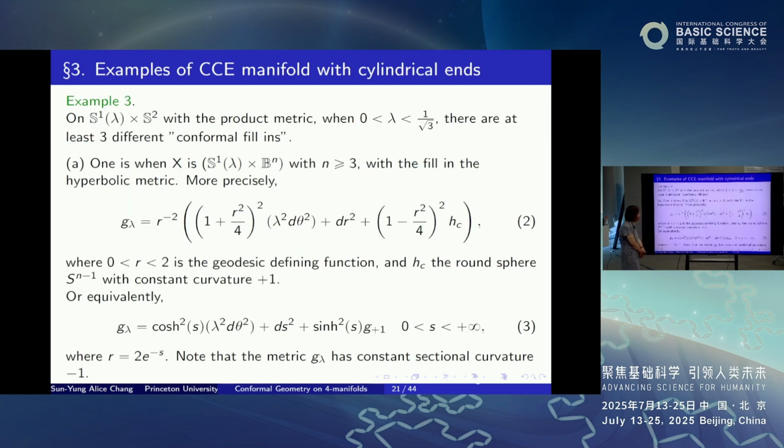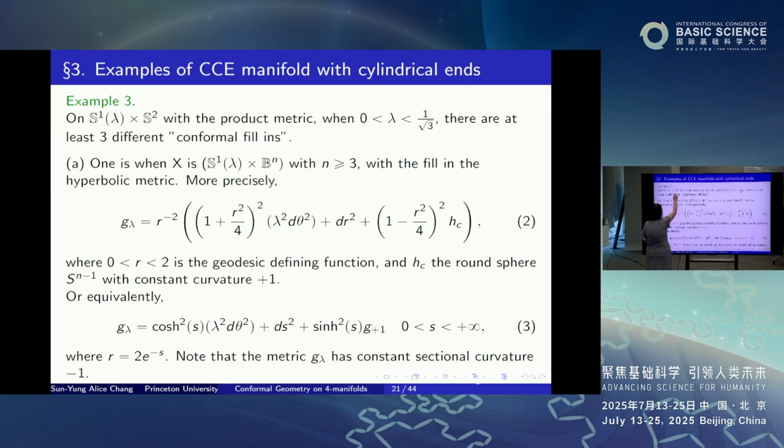And now I want to talk about a third example. A third example is if our conformal infinity is S^1(lambda), the circle of length lambda, cross S^2. And then it turns out when lambda is less than 2 pi over square root of 3, there are at least 3 conformal fillings, with different spaces X. One is X equals S^1(lambda) cross B^n, with n equal to 3.